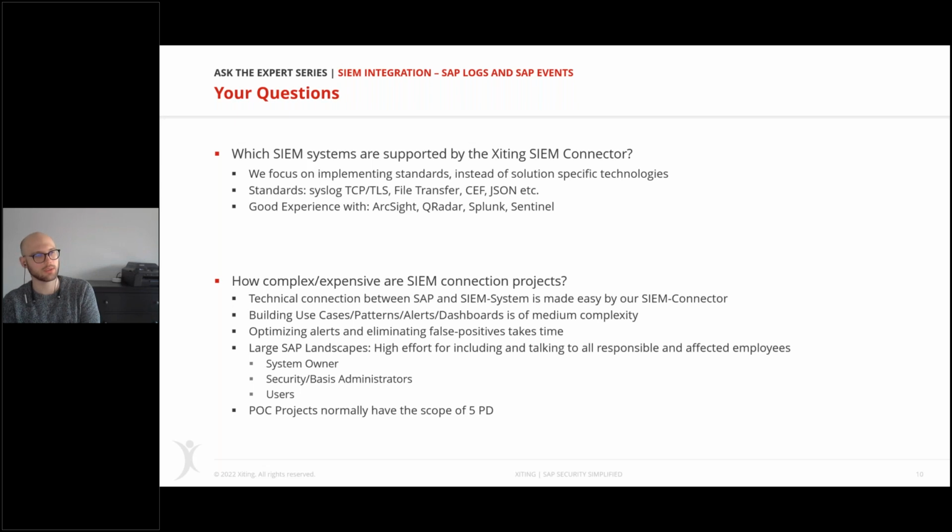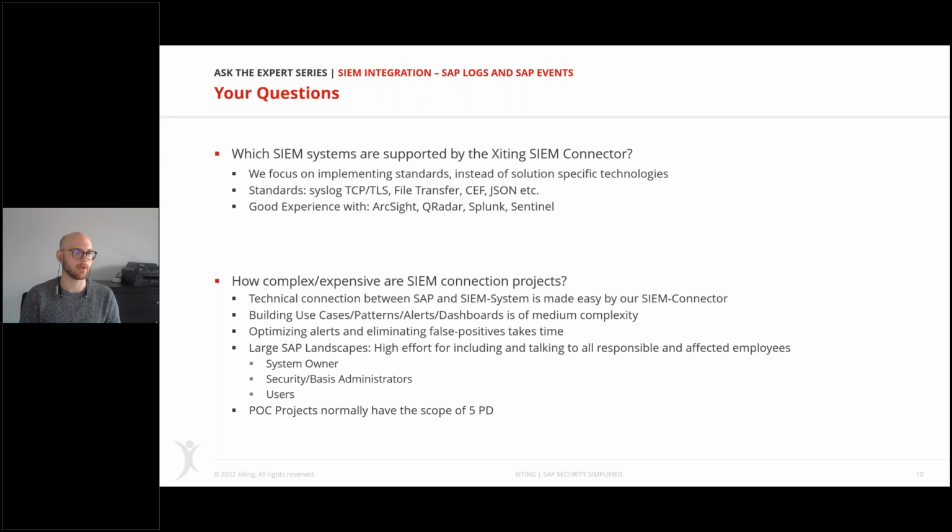So standards like syslog, TCP, or TLS, a file transfer using formats like common event format or JavaScript object notation and so on, really make our life easier when talking to existing SIEM systems and integrating them. We have not planned to introduce any solution-specific technologies.